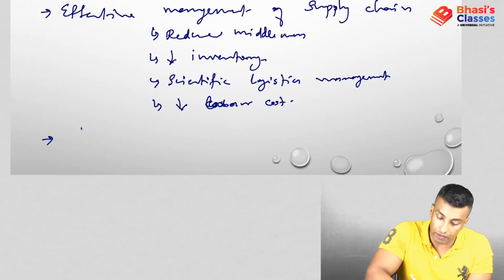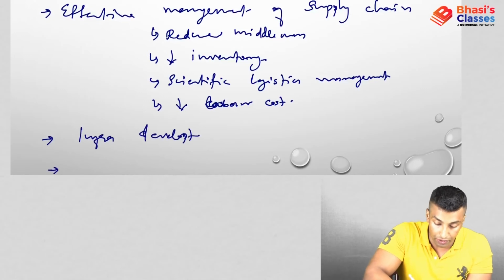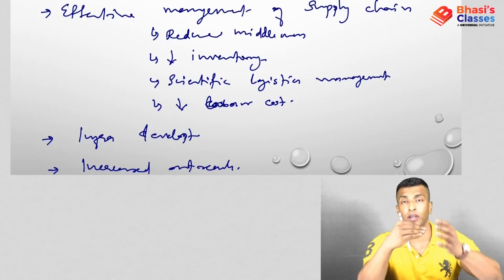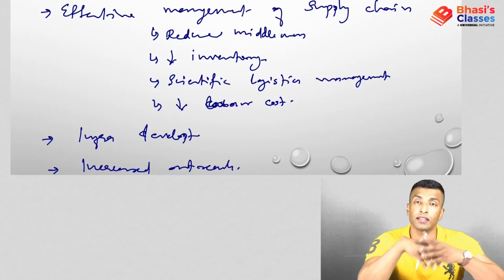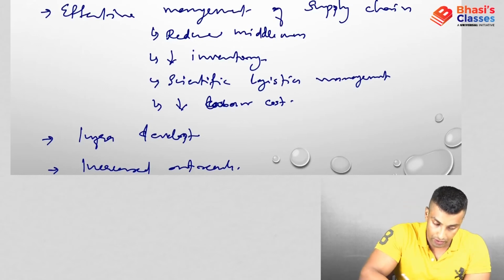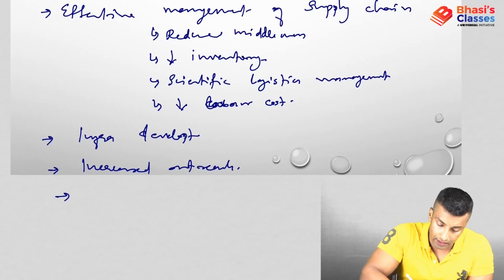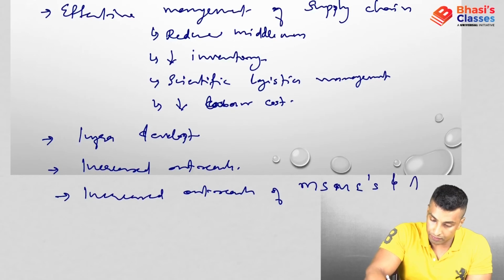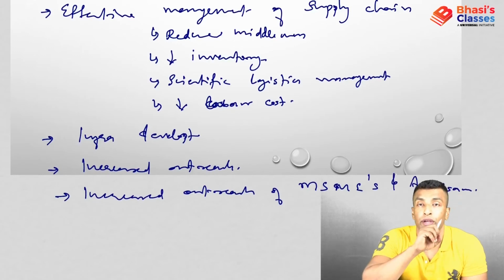Then the next one, infrastructure development. Then you can talk about increased outreach. Before, a manufacturer could sell the products maybe at one location; now he can sell across India. Even the consumer is getting a lot of choices. So increased outreach of MSMEs and artisans from their immediate locations.